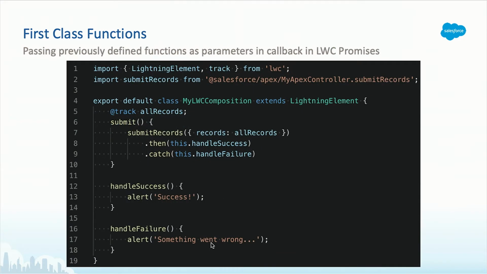Now, I didn't have to define them inline there. Since they're first class, I could actually declare them somewhere else. So I declared handleSuccess and handleFailure outside of that function, and then I just pass references to those functions to the then and catch functions. I like doing something like this when my callbacks start getting really long.